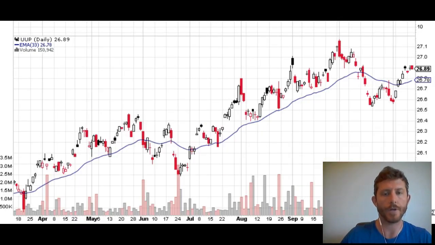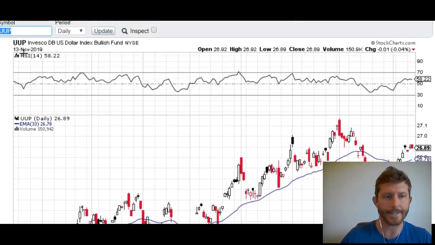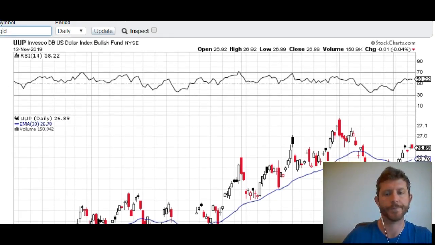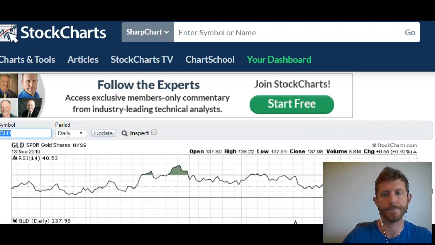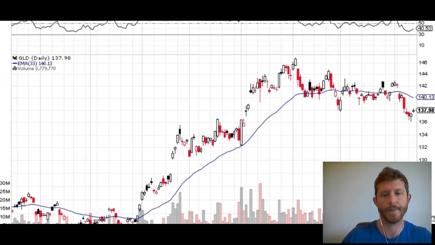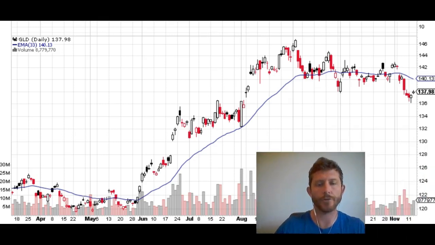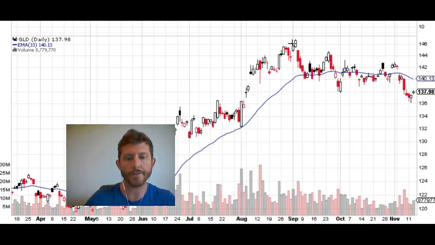Okay, let's look at the 2019 chart for gold. And this is the action you want to focus on here on the right-hand side of your screen. You can see August through November has been down.